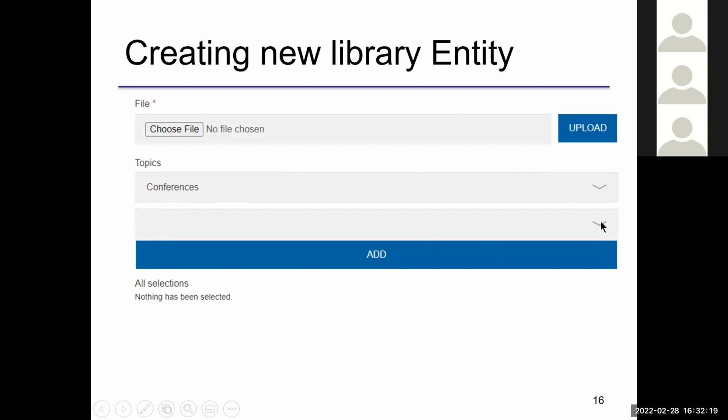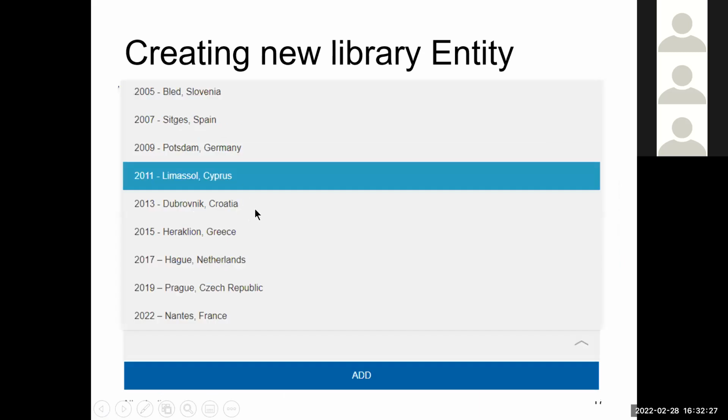Then you can click here to select subtopics that belong to the conference. Okay, so this is a list of subtopics for the topic conferences, and let's say you selected Limassol conference in Cyprus 2011, and then you press add.